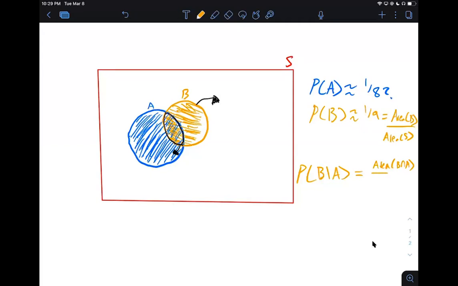And we'll say that it's over now the area of A. And so we can write that more simply like this.